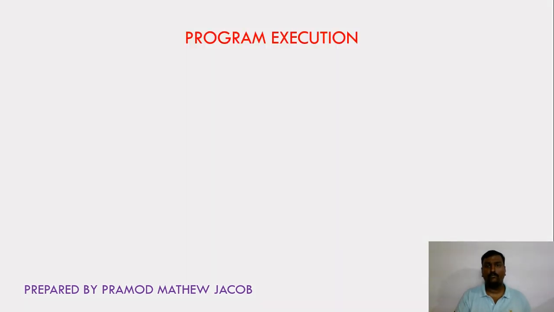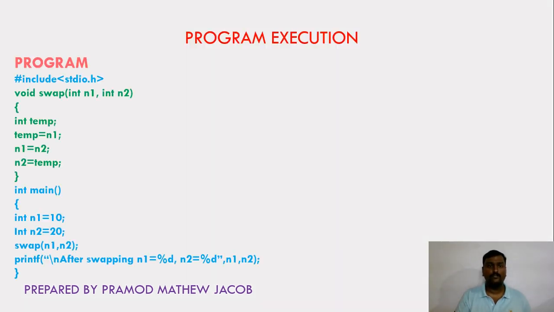Consider the program to swap two numbers using a function. As we all know, the program will execute from the main function, and in the main function we are declaring two variables of integer type, n1 equal to 10, n2 equal to 20, and we are calling the function swap of n1, n2. That means we are passing the values 10 and 20 as arguments to the function swap.